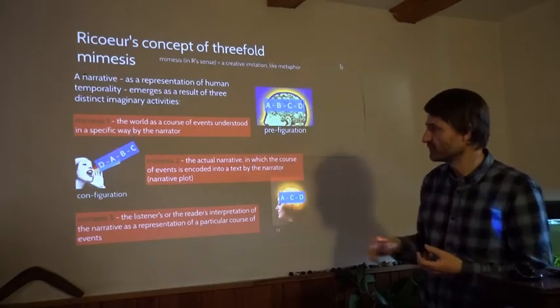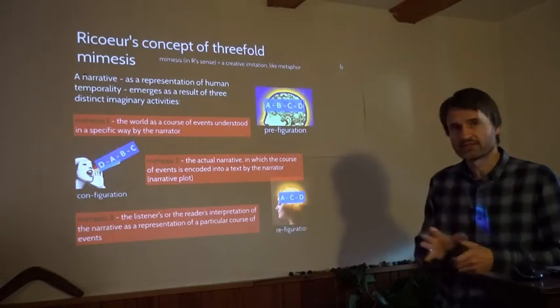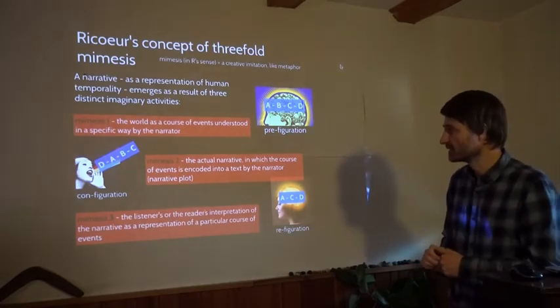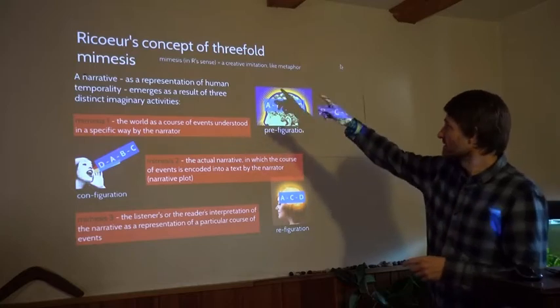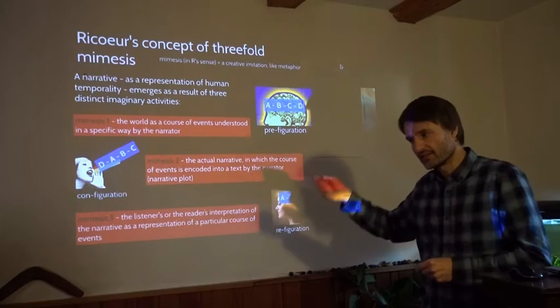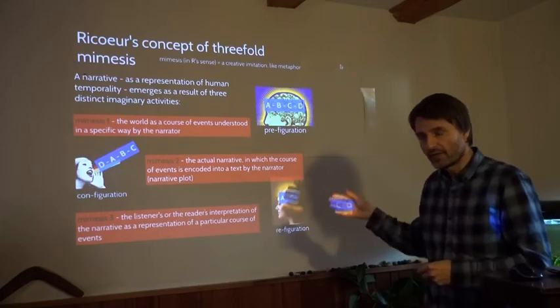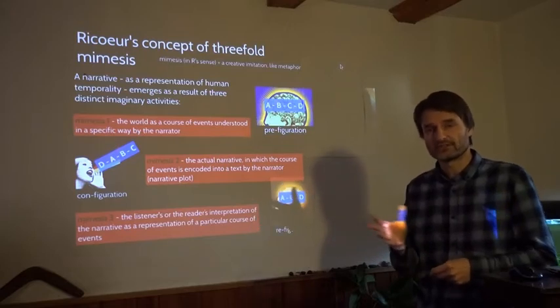We must be able to see the course of events that happened in the past, and it is creative imitation. So in the narrative, we imitate the sequence of events that happened in a creative manner.